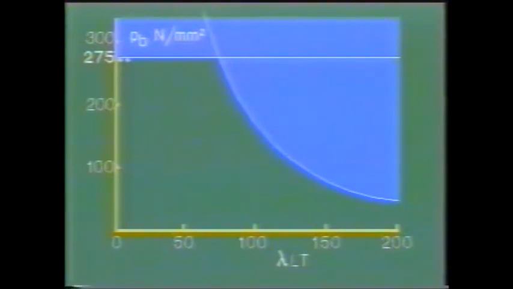For low slenderness material, strength is the limiting condition, but for intermediate values of lateral torsional slenderness, where plasticity and instability interact, the values of design strength represent a realistic, safe solution, with the reduced material bending strength being lower than the yield strength and also below the instability curve.